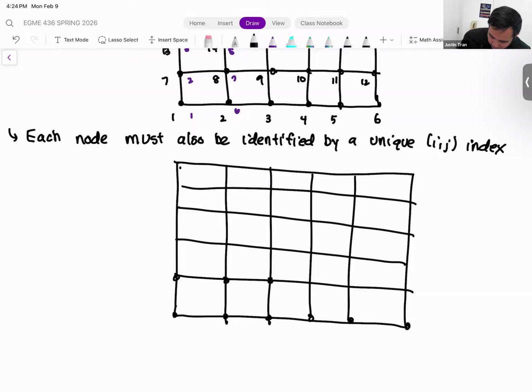Let's draw our grid again, but instead of the ID numbers on these nodes, I'm going to draw in their IJ coordinates.